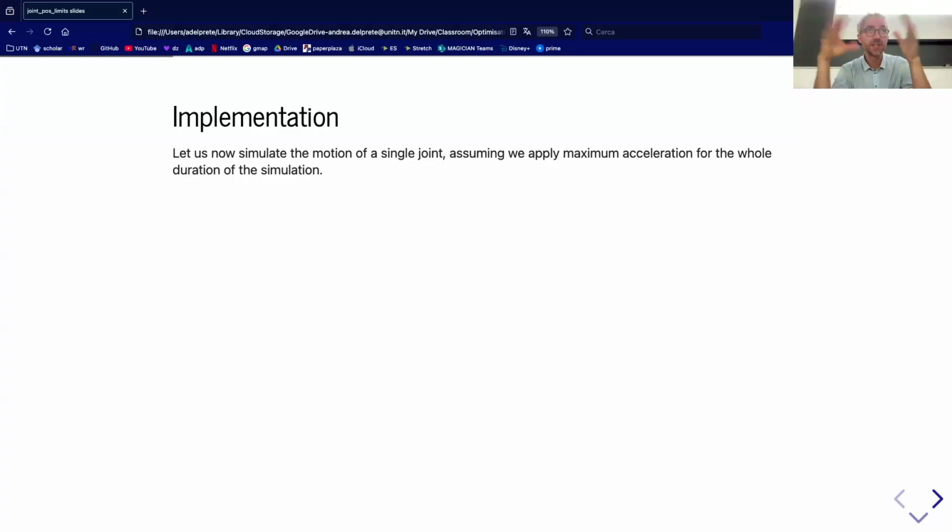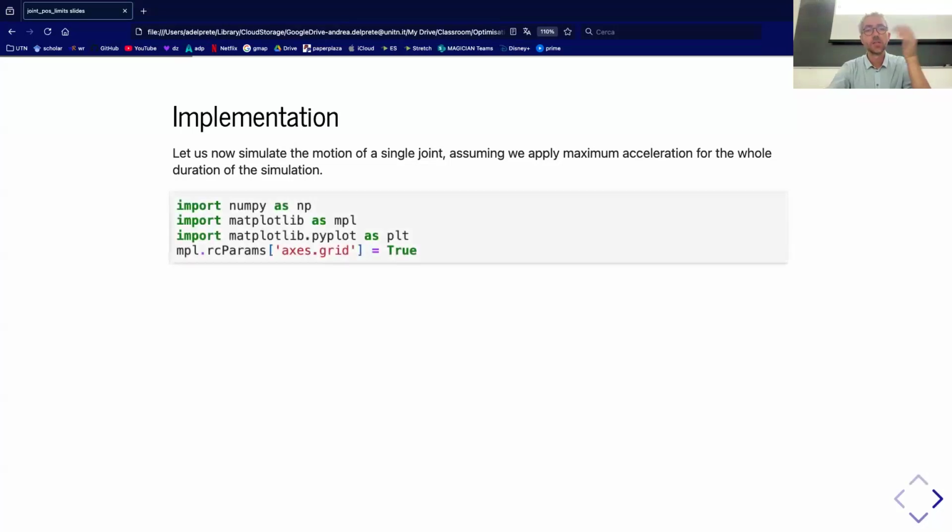It's not going to be a real full robot with 6 or 7 degrees of freedom, just a single joint. First I'm going to do a simulation applying the maximum acceleration, q double dot max, for the whole duration, which I think is 1 second.